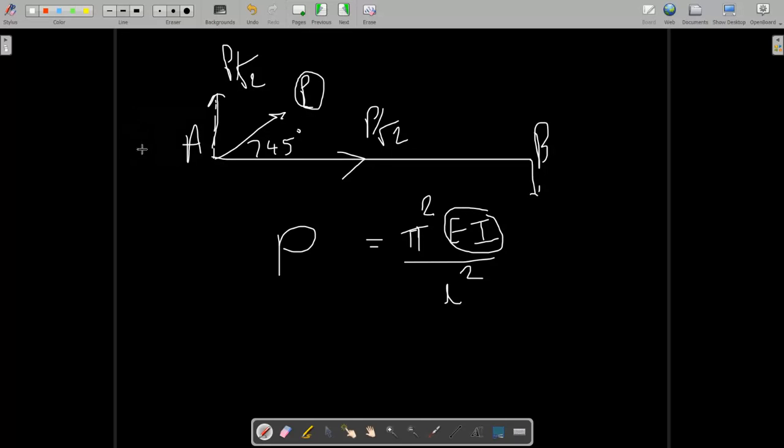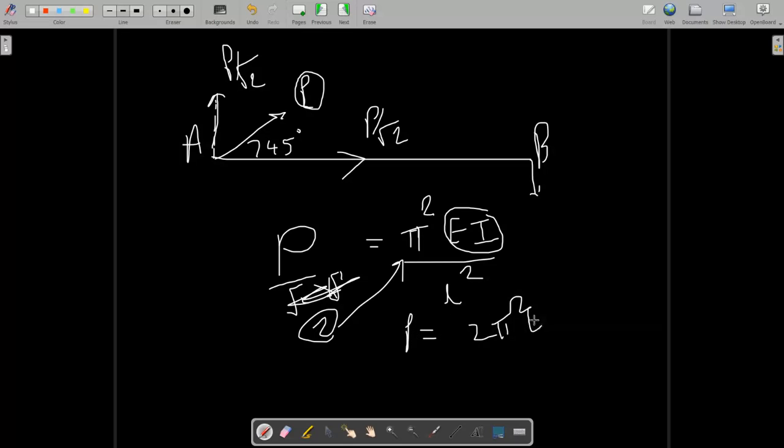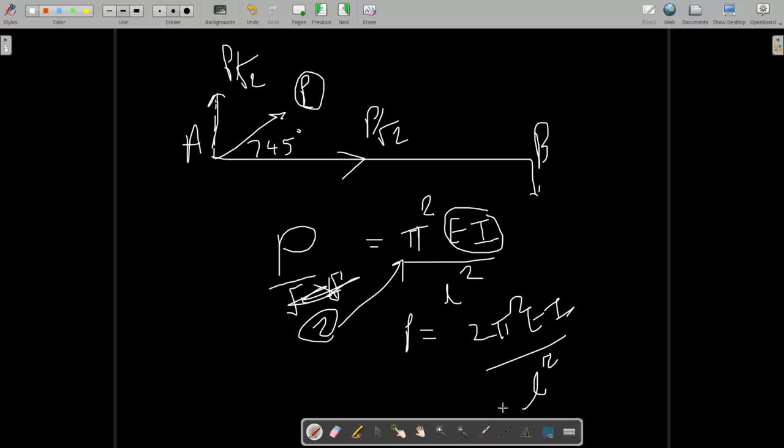So P by root 2 and the vertical component P by root 2 are also acting on this, so P by root 2 into root 2, that is 2. So again this 2 will go there, so P is equal to 2 pi square EI upon L square. So for any one of these members, if you take any one of them, it is the same.